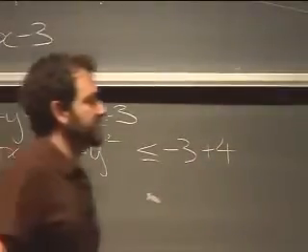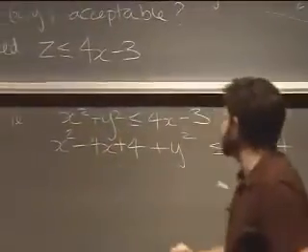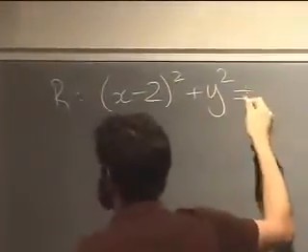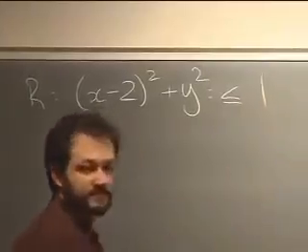In other words, we've identified r just by factoring this, you will get x minus 2 all squared plus y squared is less than or equal to 4 minus 3, which is 1.